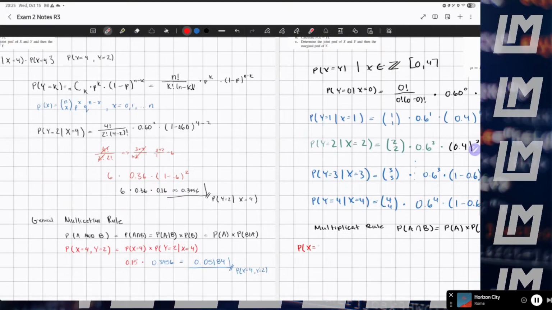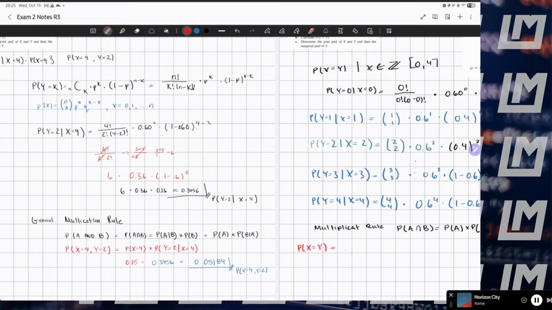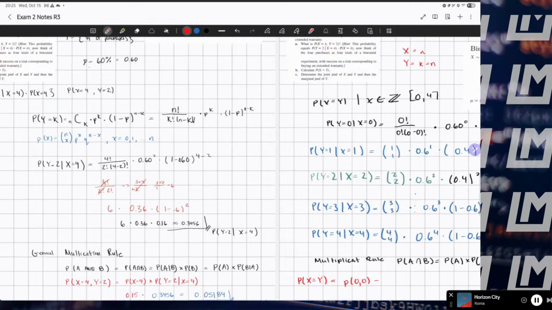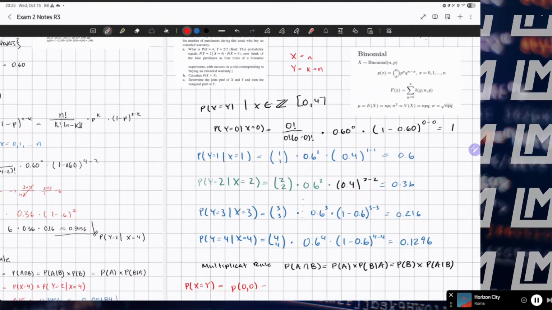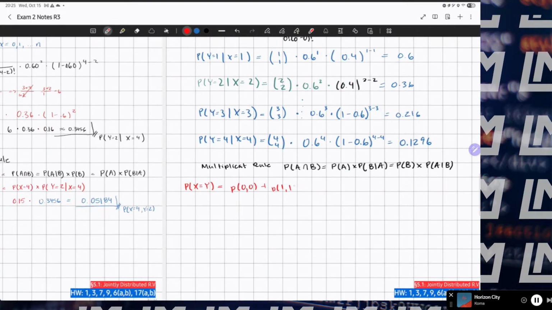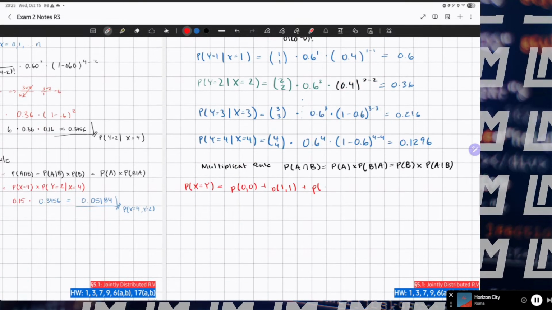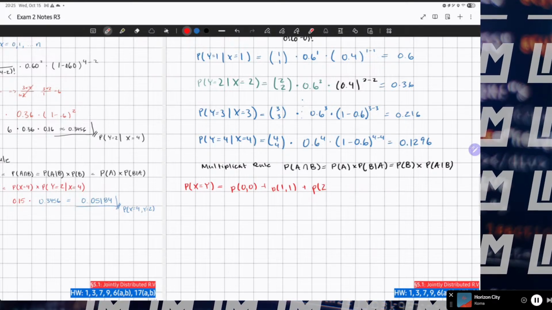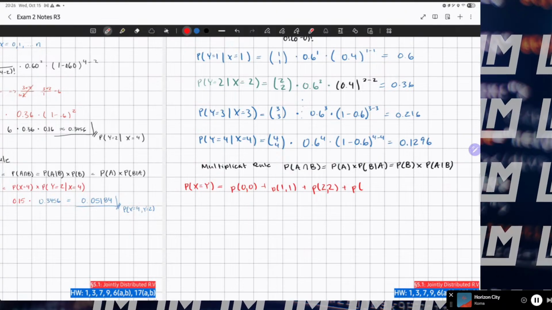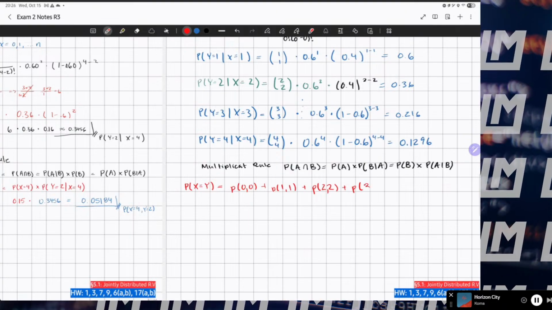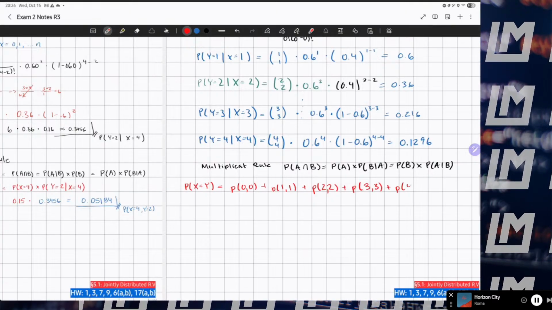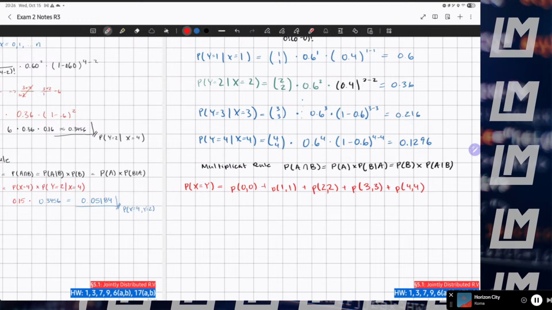P of x equals P of y is equal to the probability of 0, 0 plus P of 1, 1 plus the probability of 2, 2 plus the probability of 3 and 3 plus the probability of 4 and 4.